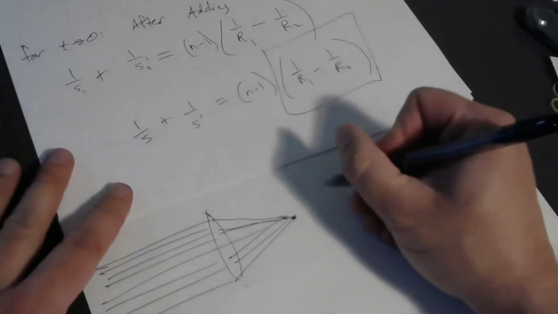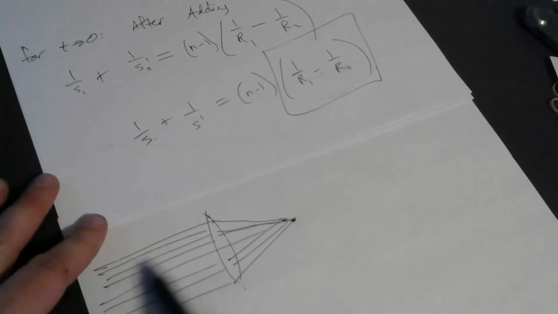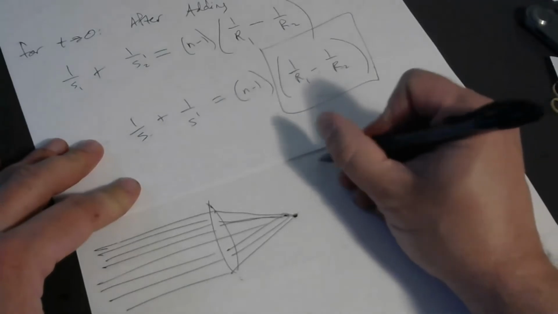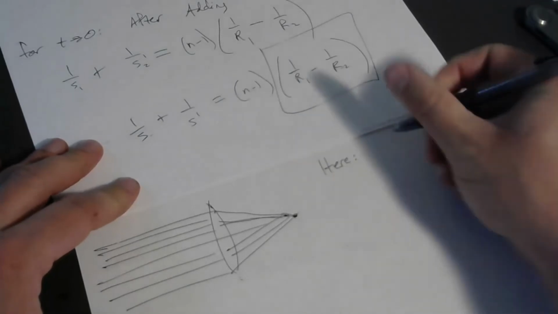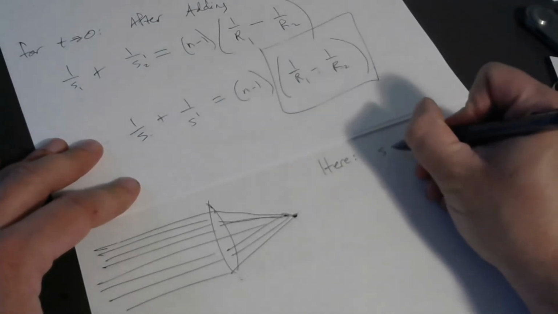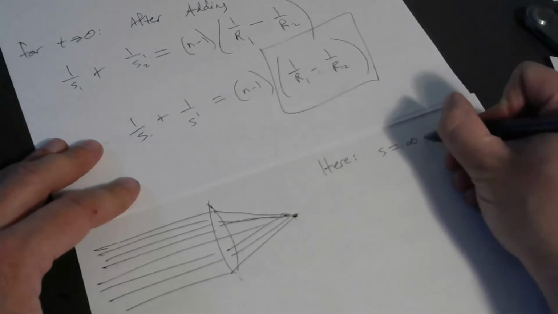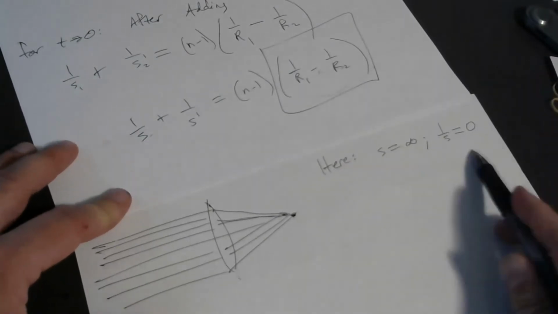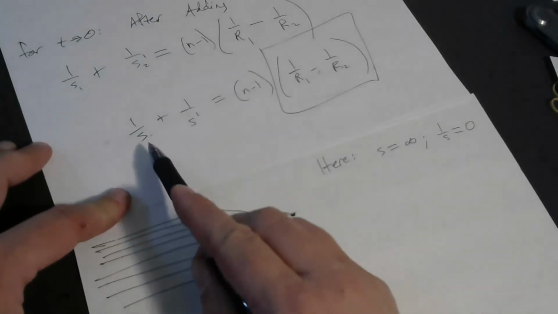So here, if you're talking about a bundle of rays which really are parallel, you can assume that your object distance is infinitely far away. So we would say here, s equals infinity, and that means 1 over s is effectively 0. So we go back over here.